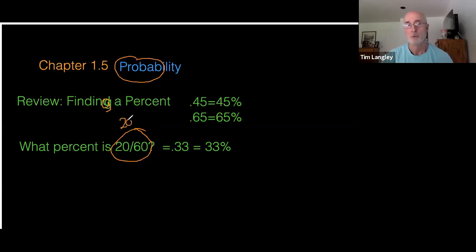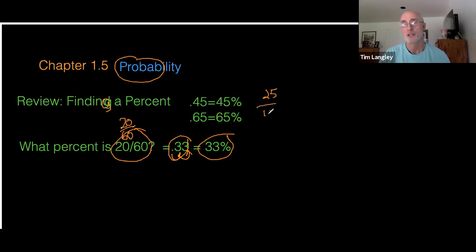If I write it more easily like this, if I divide 20 by 60, I'm going to get a decimal here. It'll be 0.33. And to change a decimal to a percent, you might remember from a previous class, you move the decimal point 2 places, okay? So it's 33%, okay?